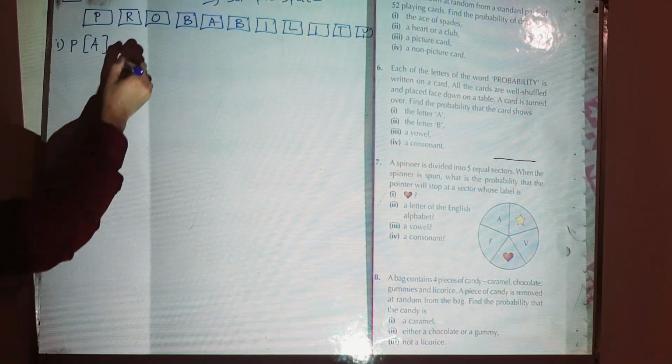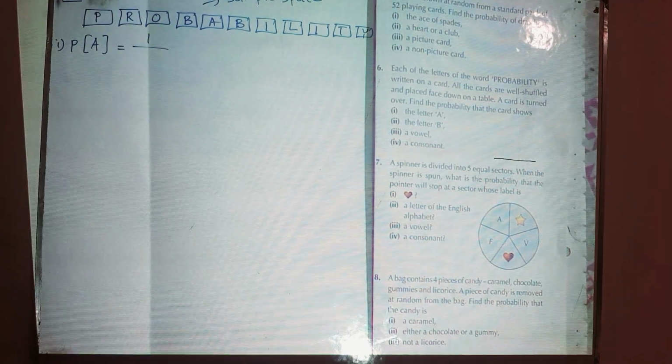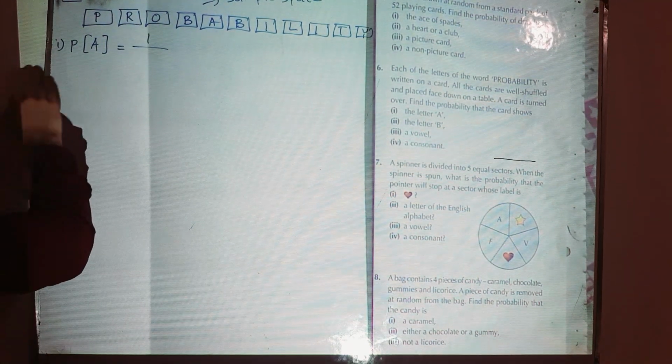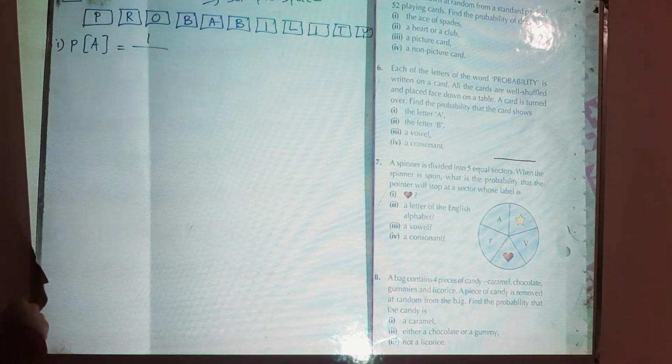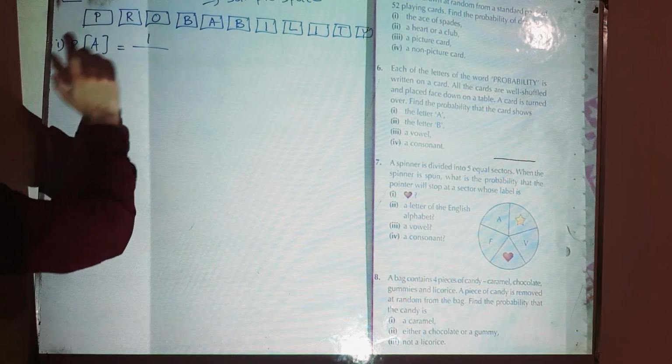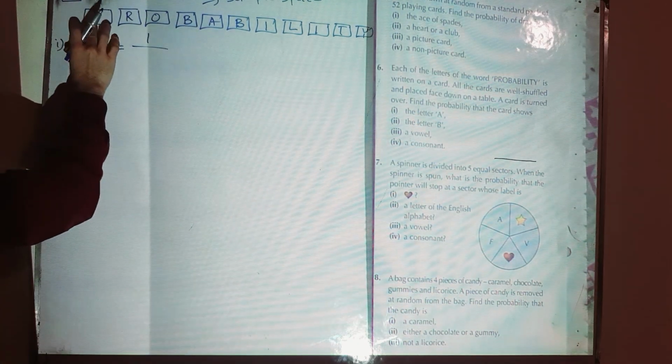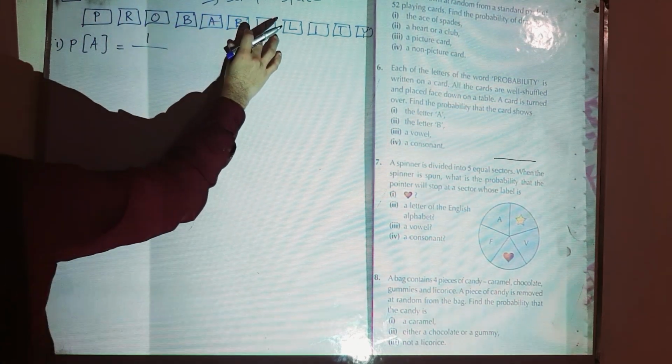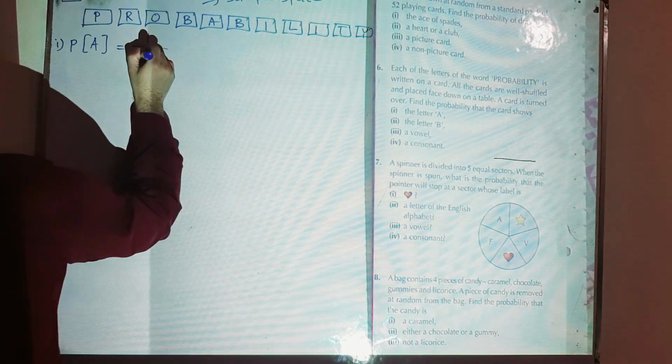We have only one card that has the letter A. So its chance is only 1 out of how many total cards are there? 1, 2, 3, 4, 5, 6, 7, 8, 9, 10, 11. So the answer for part number 1 is 1 over 11.